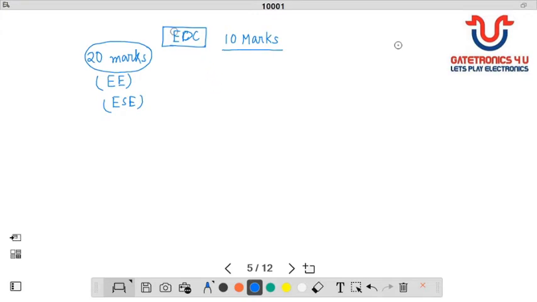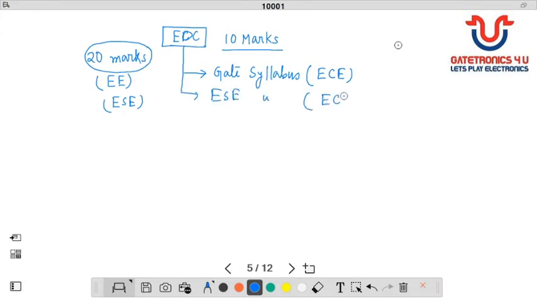So in this EDC subject we will try to cover the GATE syllabus as well as the engineering service examination syllabus, the ESE syllabus, for ECE and electrical engineering.